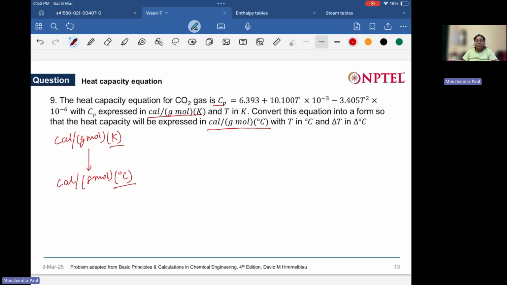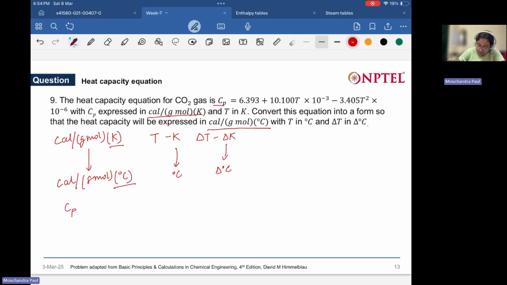So the temperature term will basically get changed. T, which is here in Kelvin, will get changed into degree Celsius, and delta T, which is in delta Kelvin, will get changed into delta degree Celsius. So it's a very easy problem to do again, just like the last one. Here you know from the question Cp.